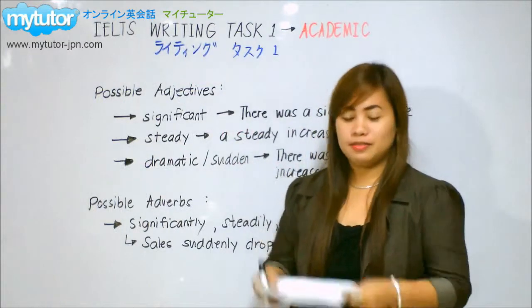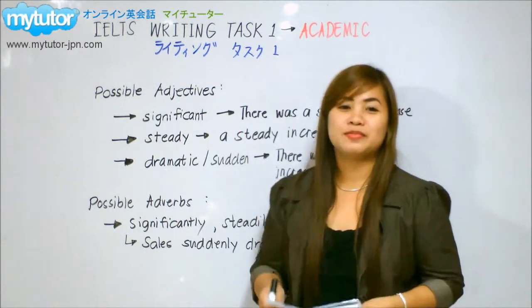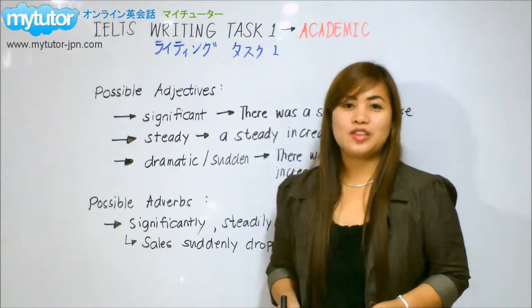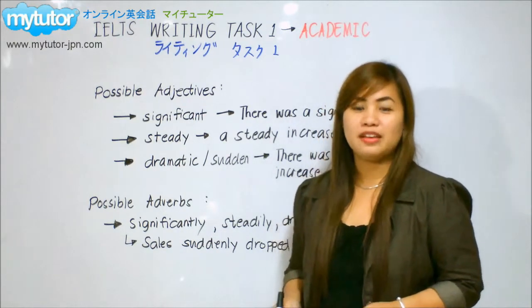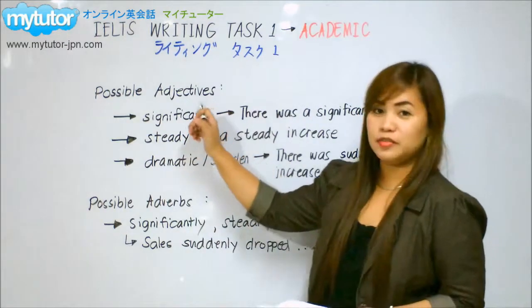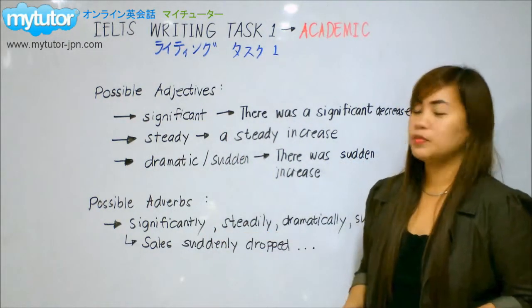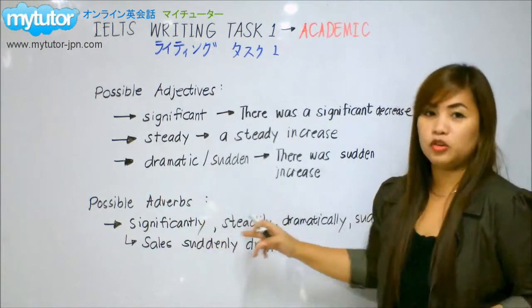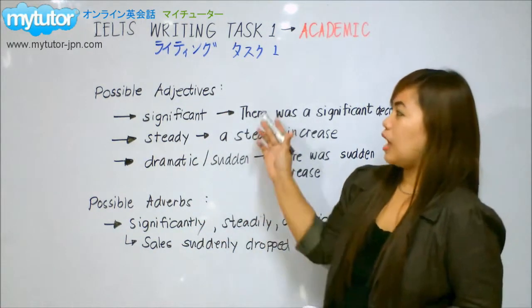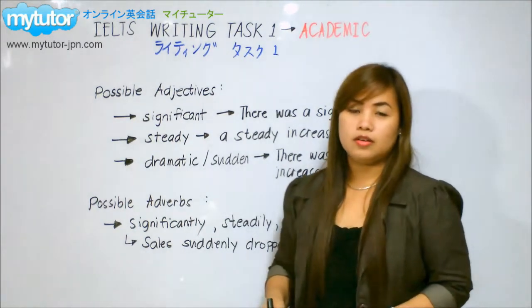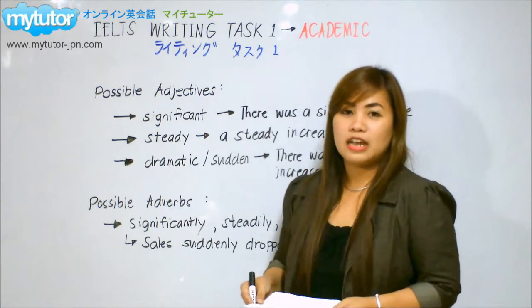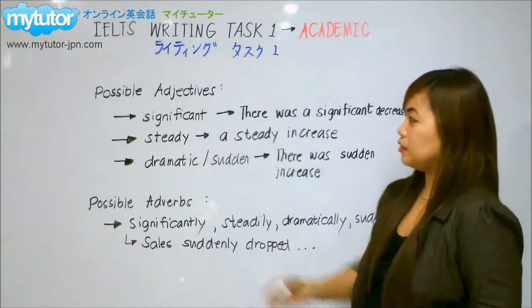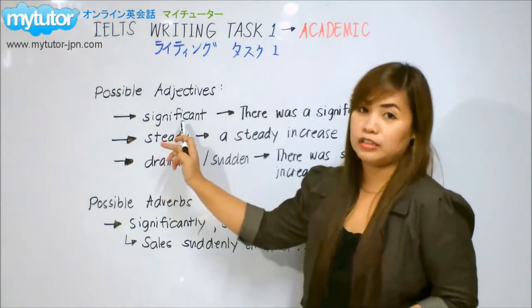So, another thing to do is to make use of adjectives and adverbs. Adjectives, keiyoshi; adverbs, fukushi. Using adjectives and adverbs can make your sentences better. For example, we have an adjective like significant.